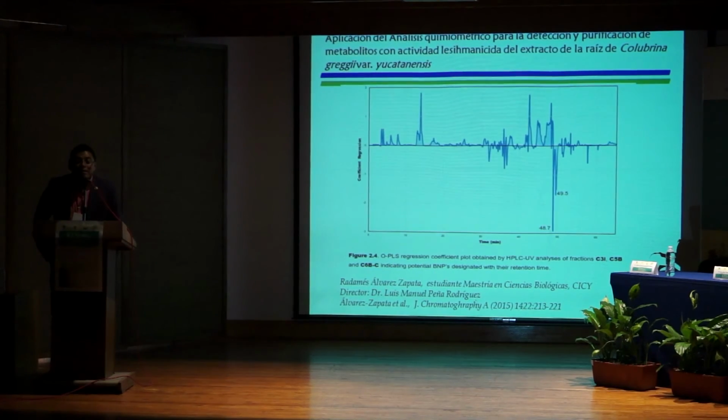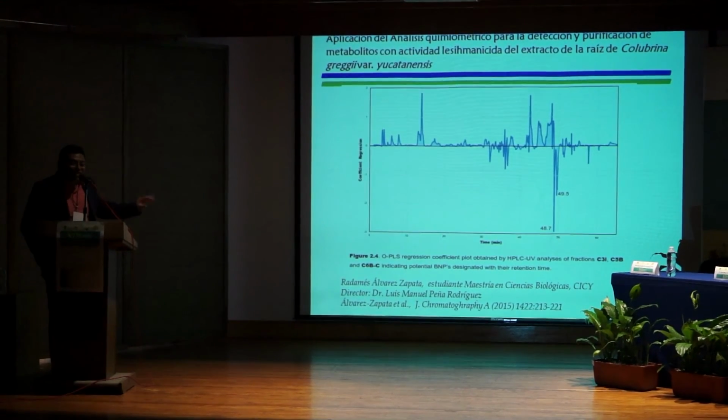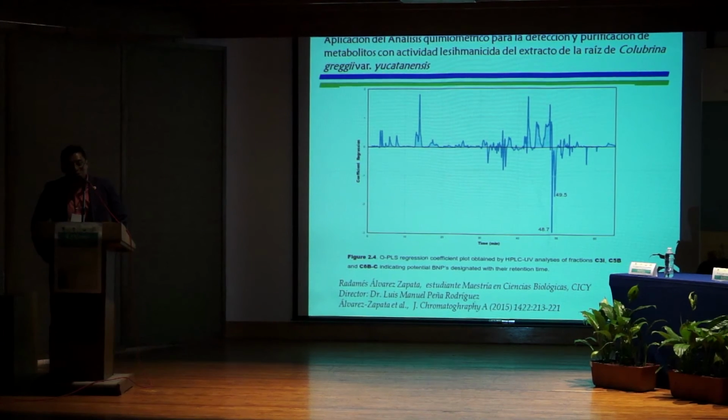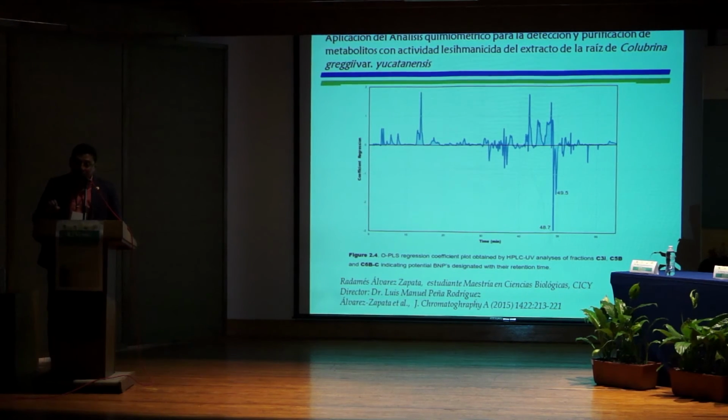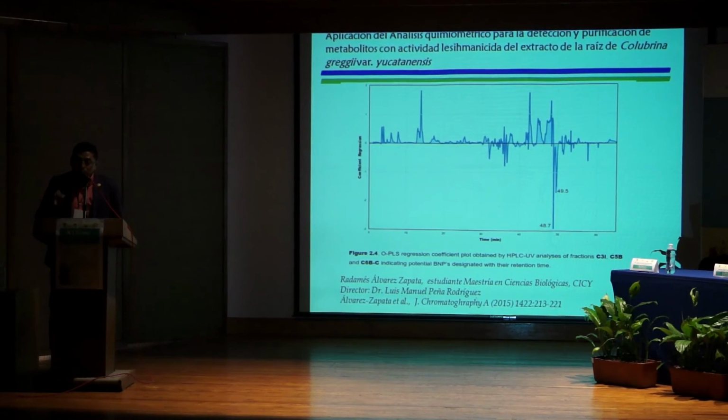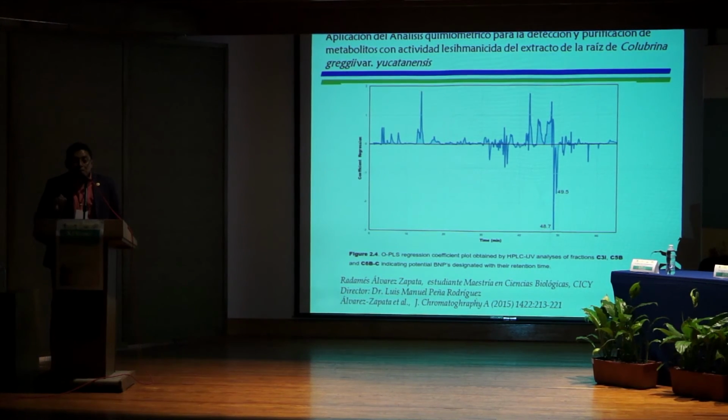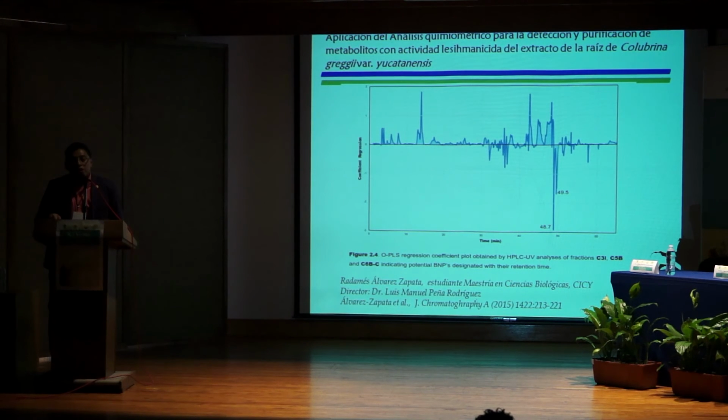So this was a kind of culmination of what we had been searching for, because those were compounds that at the same time were in a very small concentration in the extracts, and we managed, using chemometrics, to pinpoint the active ingredients. We did the isolation. It just happened that they were the active compounds, and we already published this.